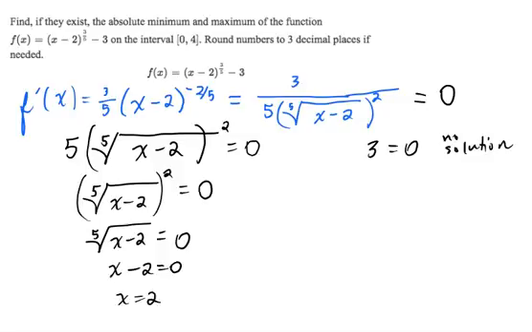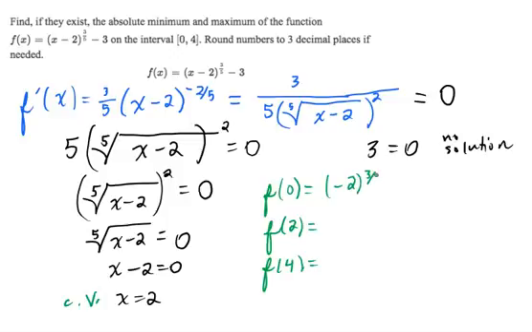So the absolute extrema occur either at this critical value of 2 or at one of the two endpoints, 0 or 4. The way we tell is we just plug in those three values and see which is the largest and which is the smallest to get the absolute extrema. So f of 0 would be negative 2 to the 3/5 power minus 3, which we'll have to approximate in a minute. f of 2 is 2 minus 2 to the 3/5.